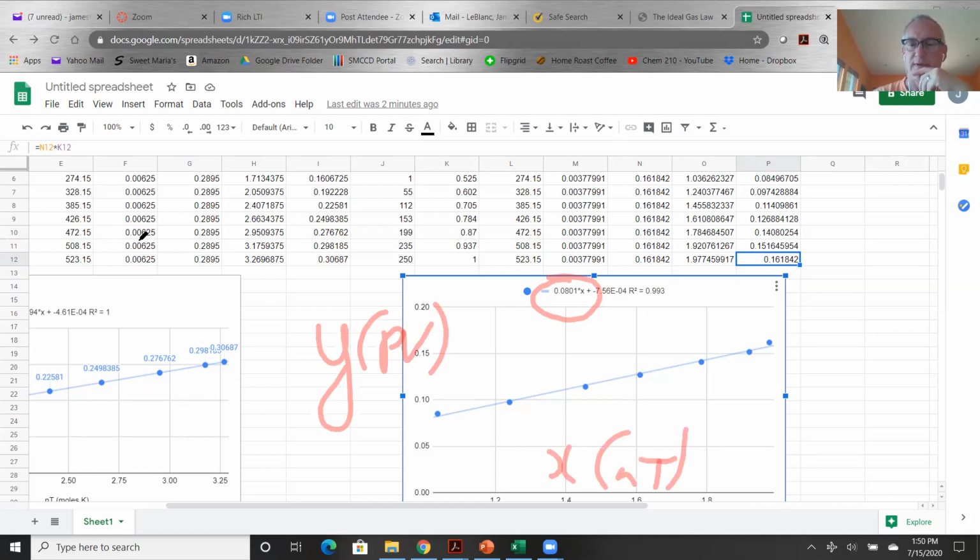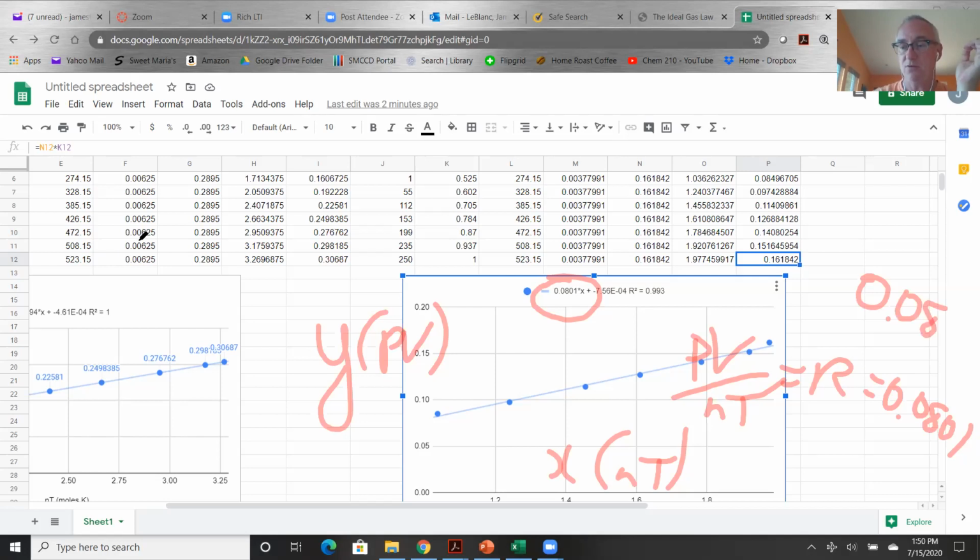And so my slope is PV divided by nT, and that equals R. And it is 0.0801, which is pretty close. That's not bad. I mean, that is really close to 0.0821. So I'd say that's pretty good.